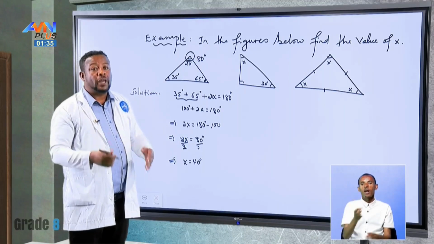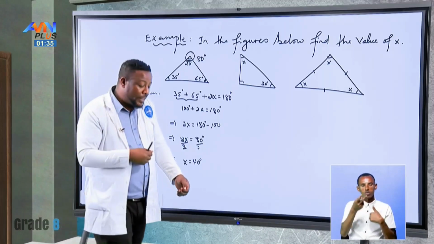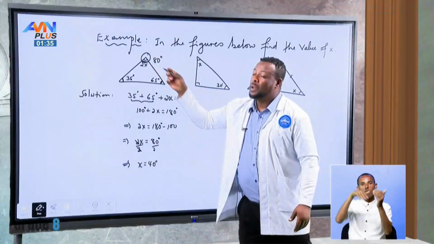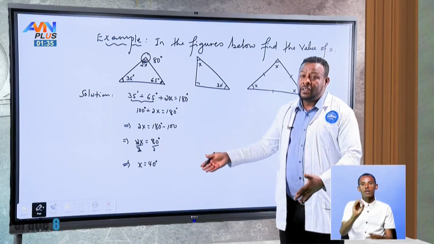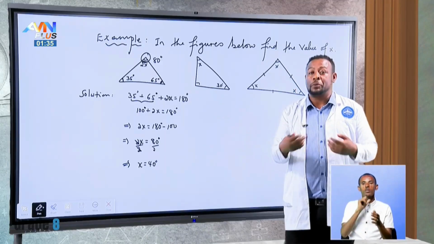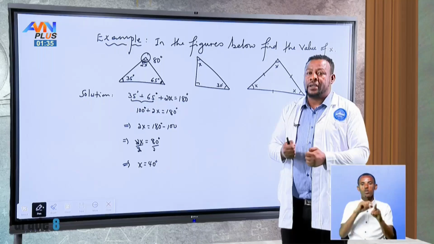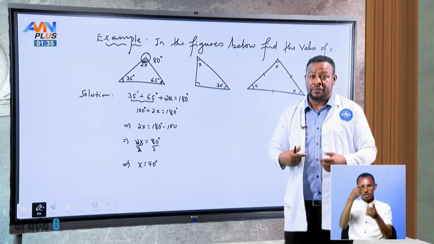After you calculate the value of x, you have to check that the sum of all these three must be 180 degrees. If it is not, there is something wrong with the procedure that you followed. Always don't forget to check your answer by substituting the value of x, right?